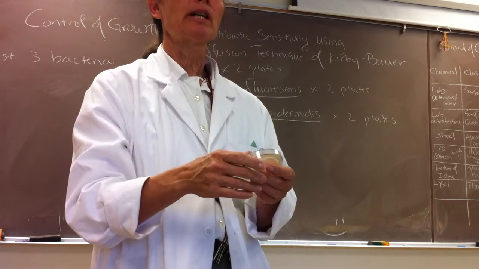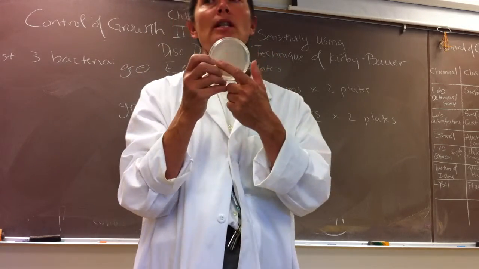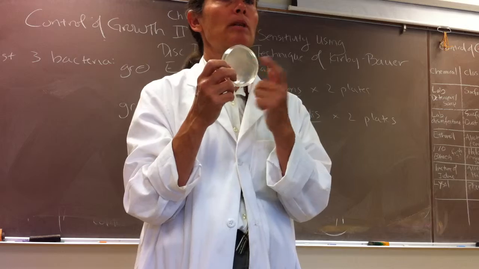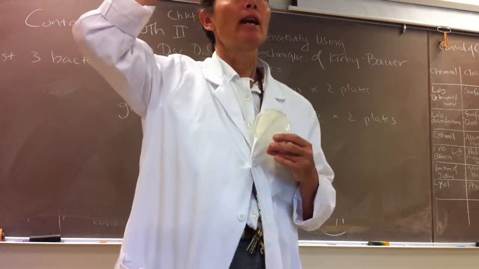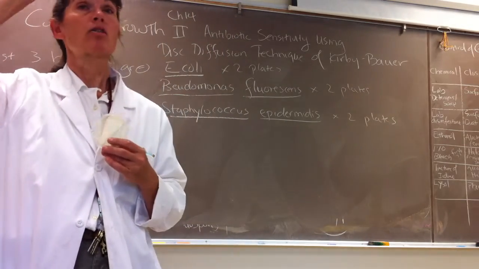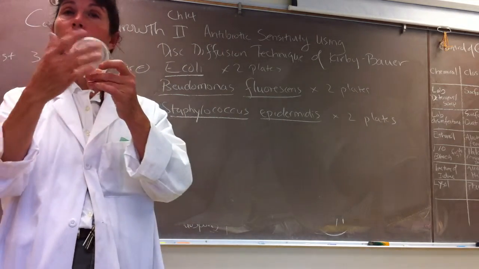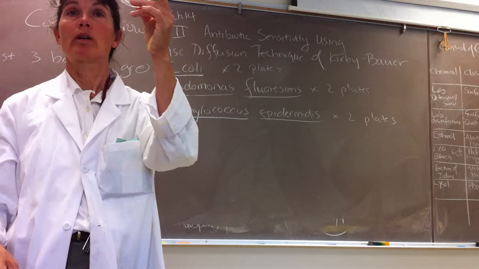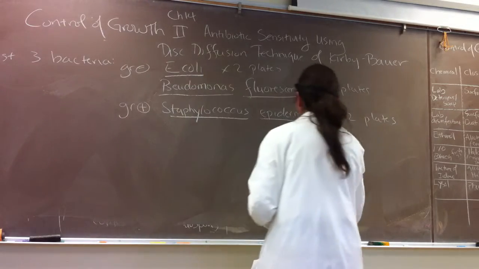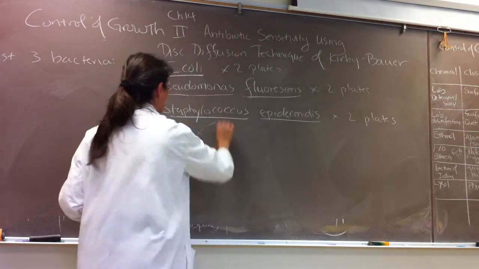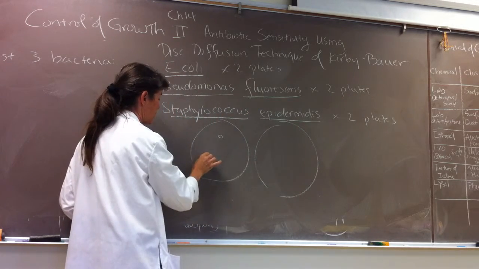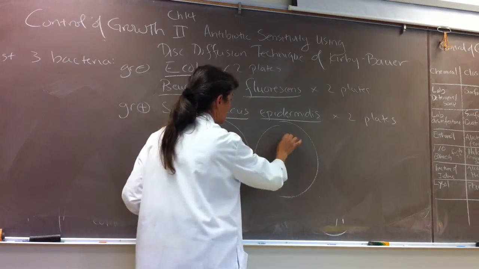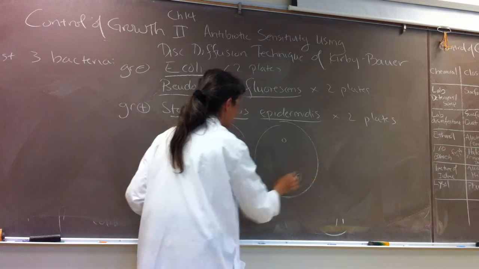After you've swabbed the plates, you don't have to put the names of the antibiotics on the bottom of the plate, you guys, because we're using commercially prepared antibiotic discs, and they have the initials of the antibiotics on the discs. So you don't have to label which antibiotic goes where. We have 6 antibiotics for you. So what we're going to try to do is have you place the antibiotics in a roughly triangular shape.